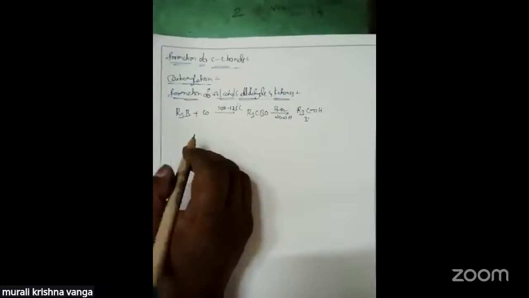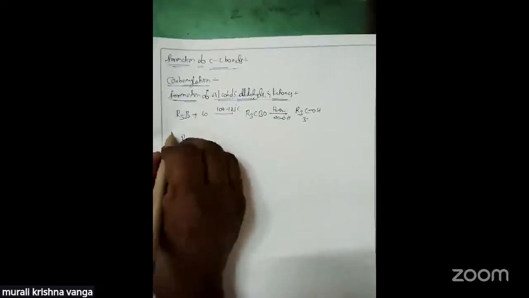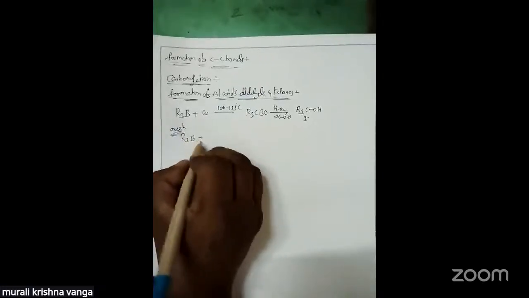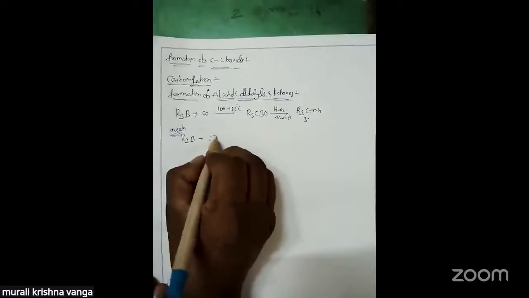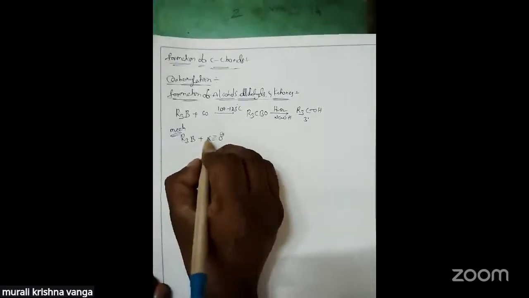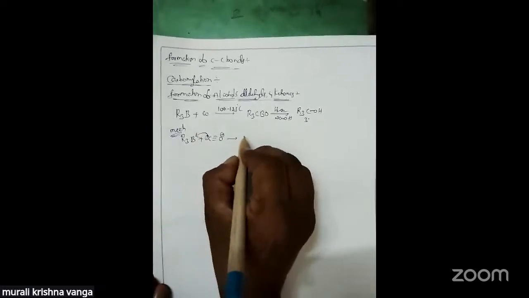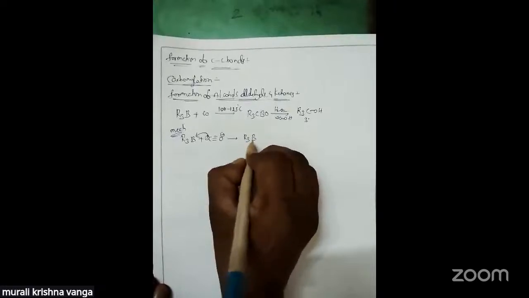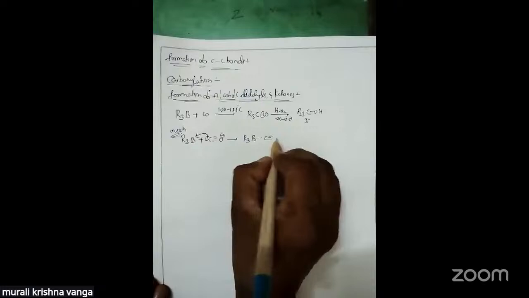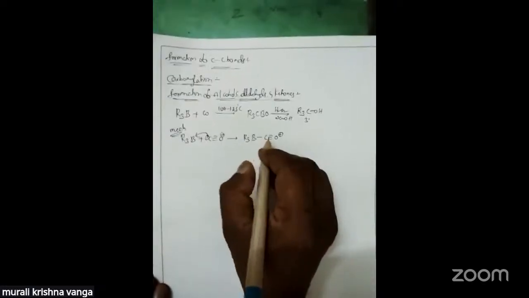So the mechanism for this reaction is, when trialkyl borane reacts with carbon monoxide, the negative charge on carbon donates to the Lewis acid boron atom, then a carbon-boron bond formation takes place.